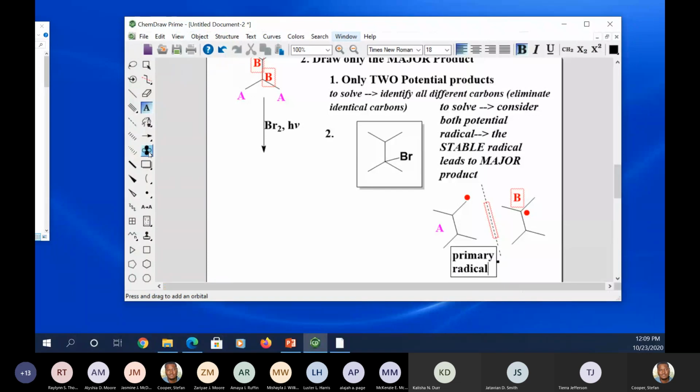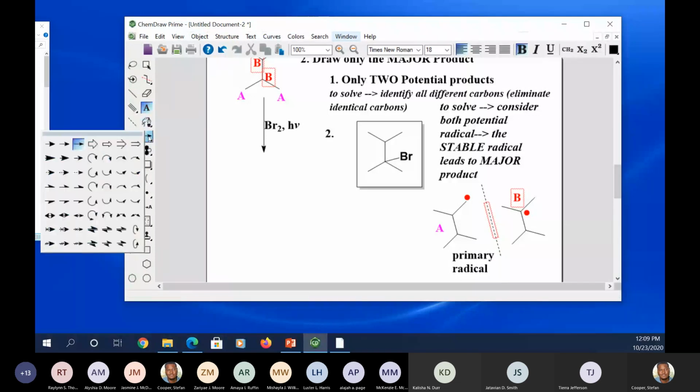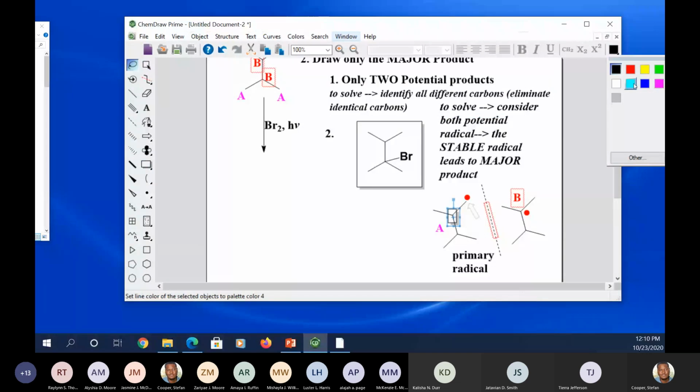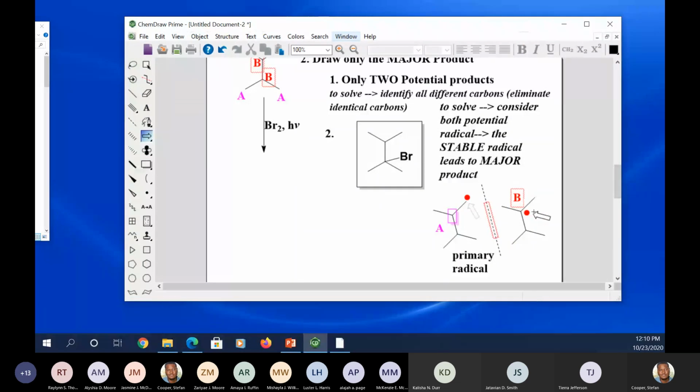Again, I look at the carbon that has the radical, this carbon right here, and how many carbons are attached to it? Only that one, so that'll be primary. And B is what type of radical?